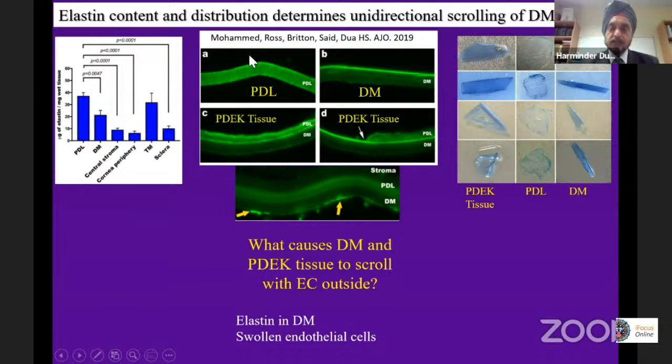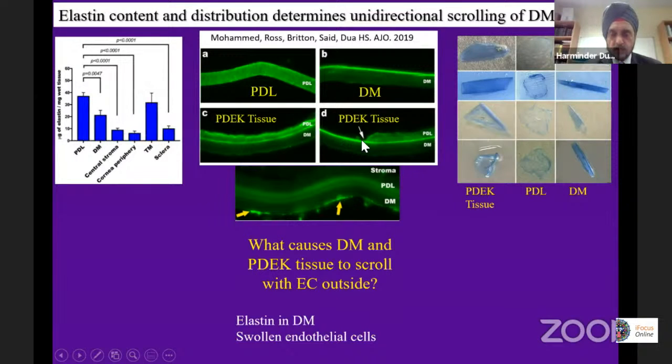The Descemet's membrane, and this is a new bit of the anatomy, has elastin only as a dense band on the anterior surface. The rest of the Descemet's membrane has very little elastin. Now, this is a PDEC tissue where you've got the Pre-Descemet layer over there, and the band of elastin on the Descemet's membrane.